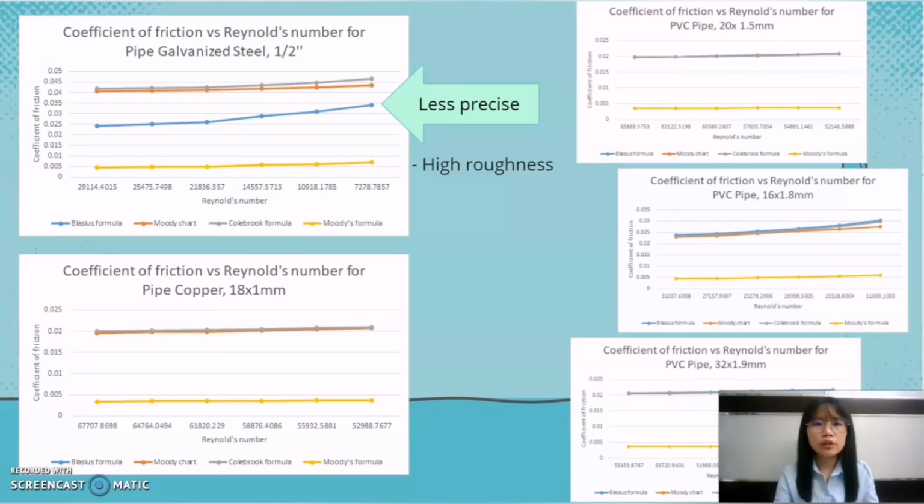The coefficient of friction for the pipes using the Colebrook formula and Moody graph are appropriate among all the formulas as they do not show big differences in the data. However, the coefficient of friction calculated using Moody's formula has a big difference compared to others, which might be caused by some errors.